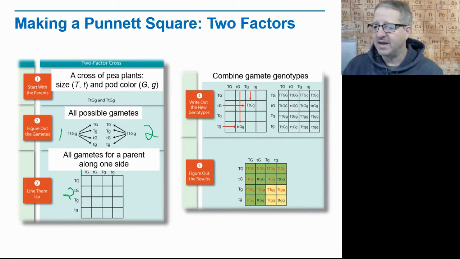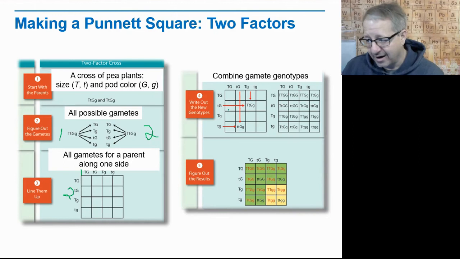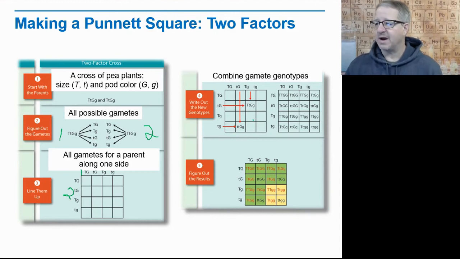Got to carry the big T all the way down this row and the big G all the way down this row. I'm sorry, I said row before. We have to take the big T and carry it all the way down this column. Take the big G and carry it all the way down this column as well. And then we do the rows. So we can go through each of the columns, just carry them. We write those two letters in each box going down the column. And then we do the same thing, but going across the rows using the gametes on the side.